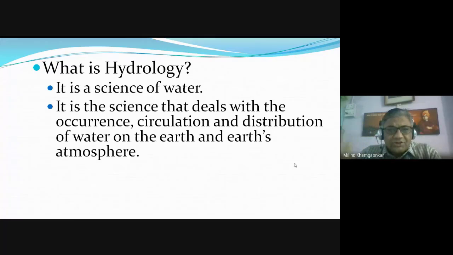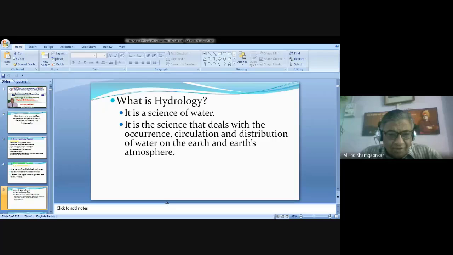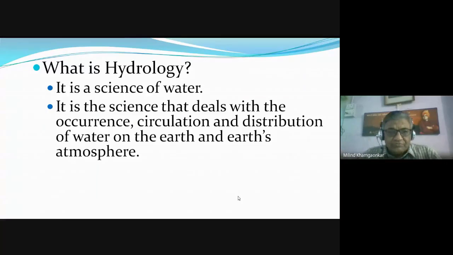This science deals with the occurrence, meaning where this water comes from, and the circulation, how this water gets circulated in different forms, maybe a liquid form, a solid form, or a gaseous form. So this is being studied in hydrology: the occurrence, circulation and distribution of water on the earth and the earth's atmosphere.